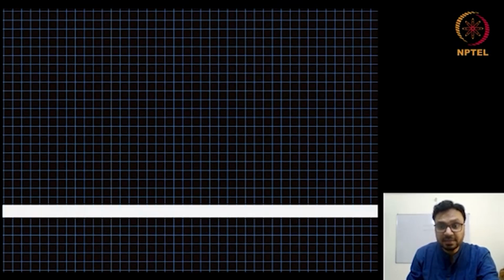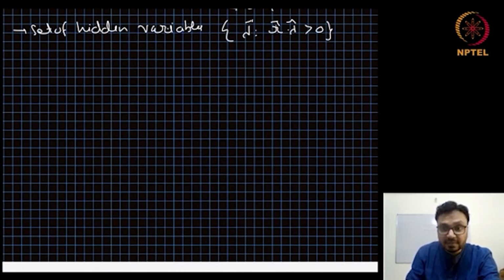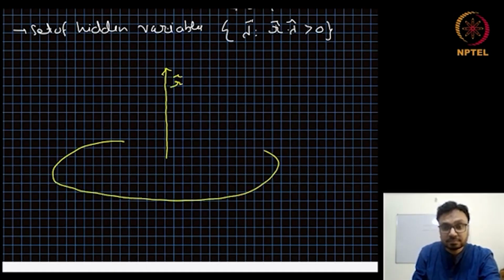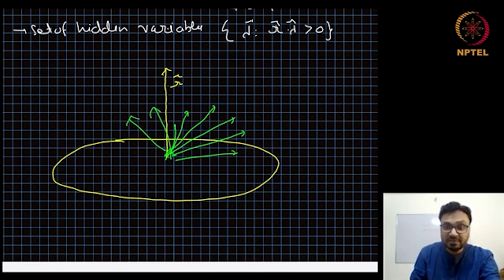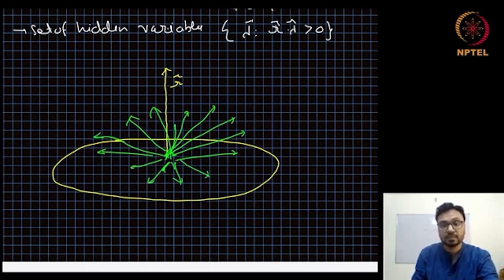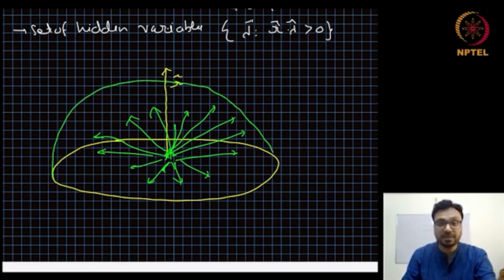If this is our r vector, then there is a plane which is orthogonal to r, and our lambda vectors are all the vectors in this upper hemisphere, because all these vectors have a positive inner product with our r vector. So the set of vectors which makes the upper hemisphere are the set of hidden variables we have.